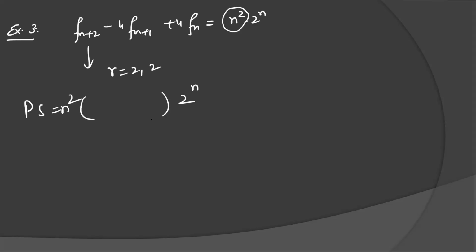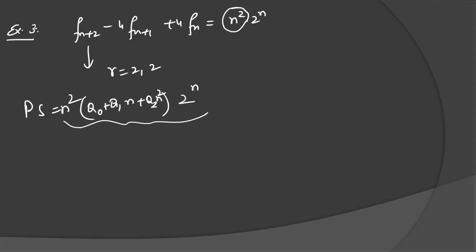So we will take all the terms in the particular solution up to degree 2. So that will be q0 plus q1 n plus q2 n square. If it is degree 1, then we will go up to q0 plus q1 n. So this will be the way to assume the particular solution in the case of repeated root.